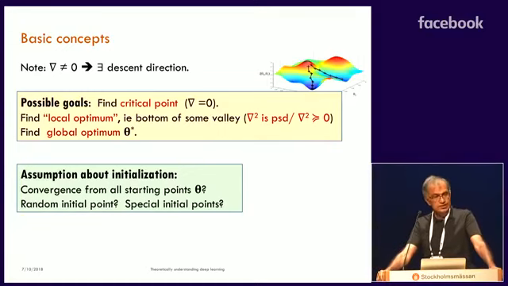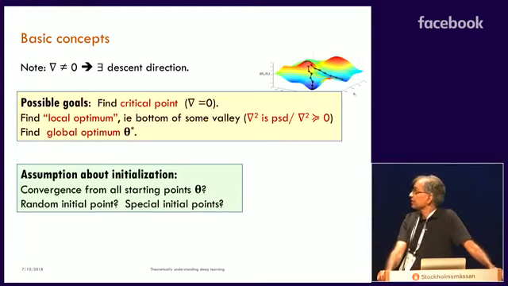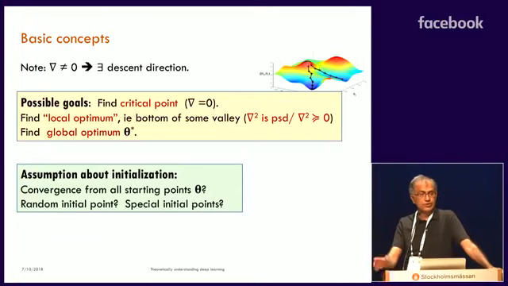Assumptions about initialization. Well, you're going to start off the optimization from some point. So what is that initial point, and what's your theorem going to say? You could try to prove convergence from all starting points. That's the most ambitious. You can prove convergence from random initial points, and that's, of course, the most common form of initialization used in deep learning, small random initialization.